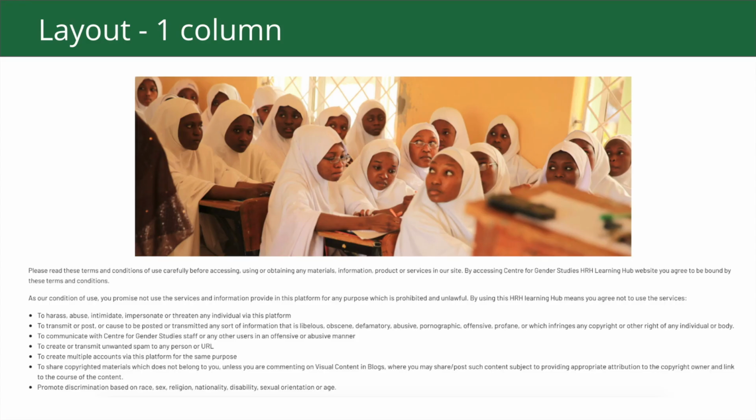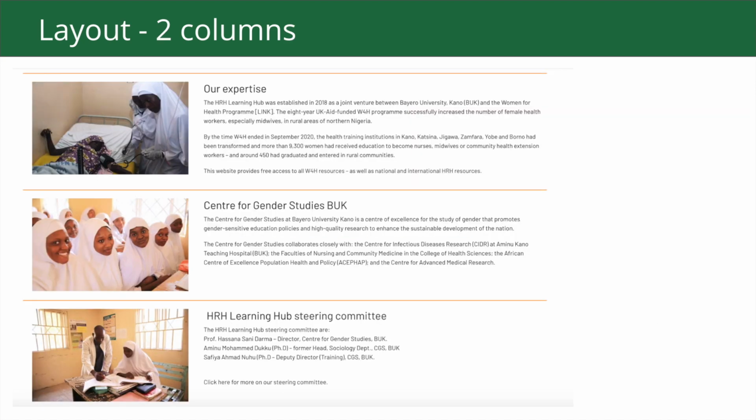So in the Learning Hub website, we've used one column, two columns, and you can change the width of the columns if you want. We always think in percentages on a website because we want it to adapt to any kind of screen.